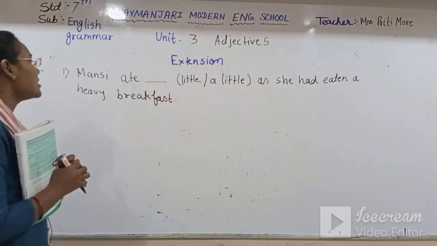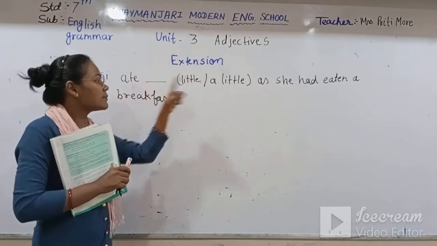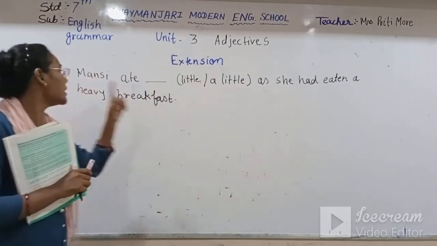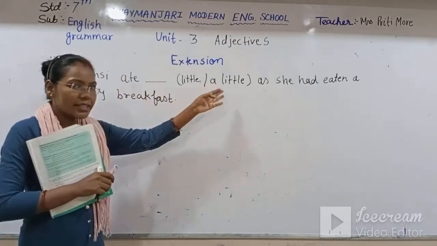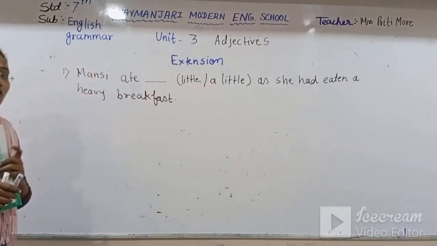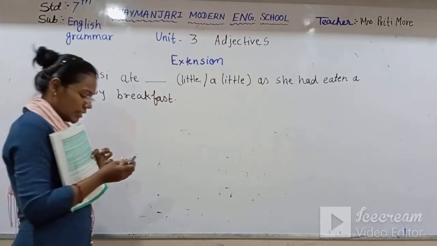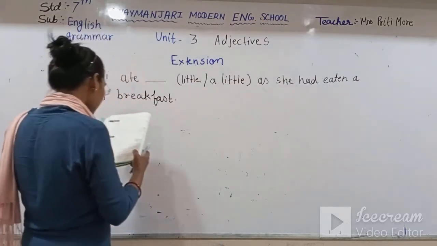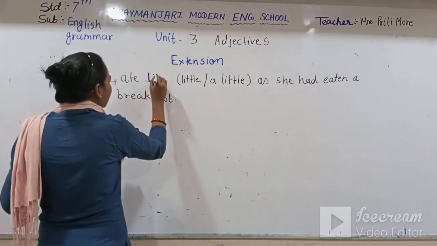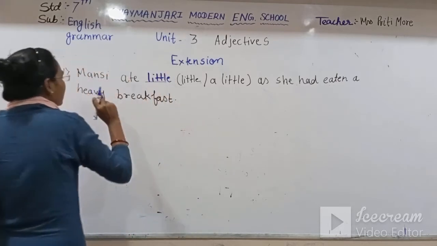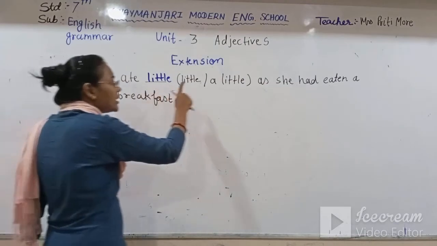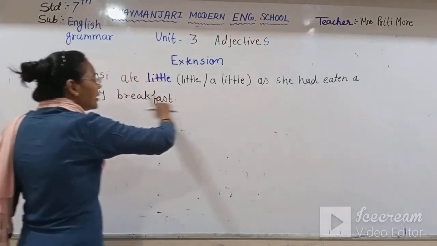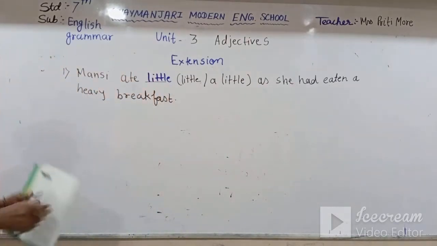Now what is here? Mansi ate a little or little. So what is suitable? Little. So the answer is little, and the sentence is completed. Now read the sentence once: Mansi ate little as she had eaten a heavy breakfast.